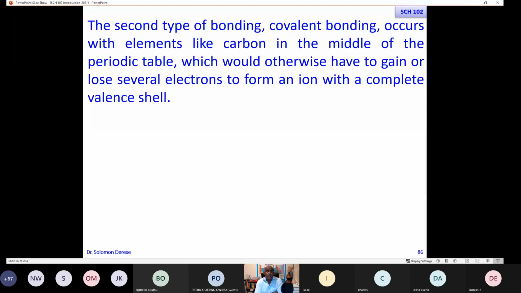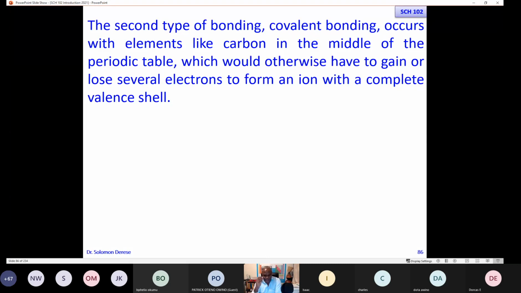Or if it wants to have the electron configuration of neon, it has to gain 4 electrons. Losing 4 electrons or gaining 4 electrons is an energetically unfavorable process. It requires a lot of energy to lose or gain more than 2 electrons.